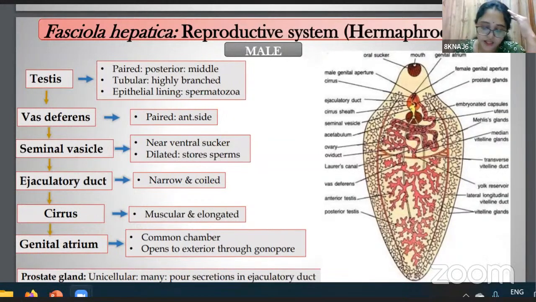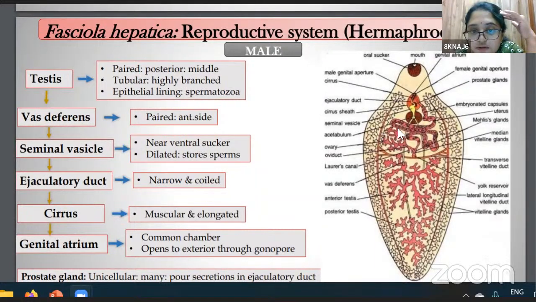Right. So the walls of the testis have this germinal epithelium, in fact, and then they produce the spermatozoa. Now a duct, which is known as the vas deferens, you can see it's here, comes out from the middle of the testis, and then it runs anteriorly and fuses with the acetabulum.